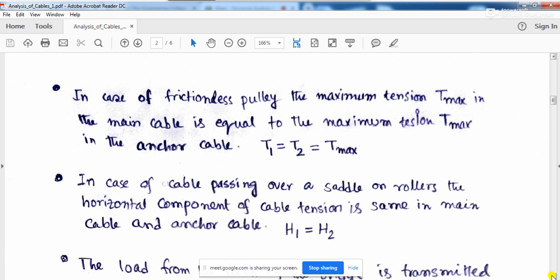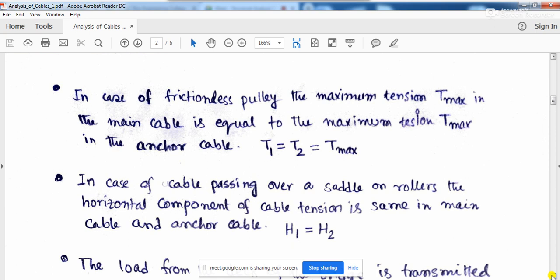In case of a frictionless pulley, whatever is the maximum tension Tmax in the main cable should be equal to the maximum tension Tmax in the anchor cable. That's what we understood a little earlier, that T1 should be equal to T2, which is equal to Tmax.